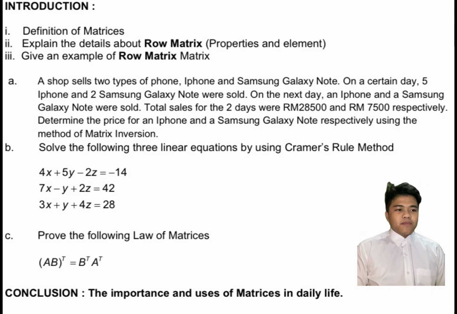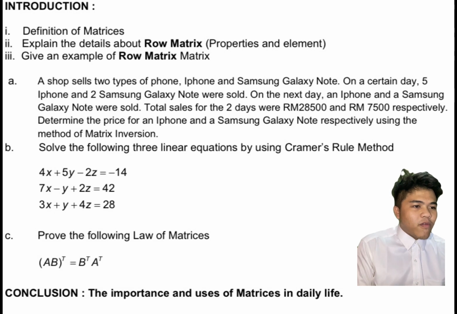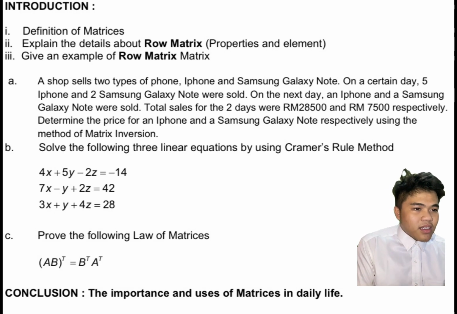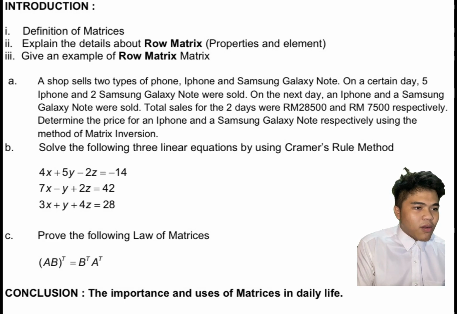Good morning, madam. I am Jackson Malaka. Today I'm going to answer question 1. The question is: a shop sells two types of phones, iPhone and Samsung Galaxy Note. On a certain day, 5 iPhones and 2 Samsung Galaxy Notes were sold. On the next day, an iPhone and a Samsung Galaxy Note were sold.